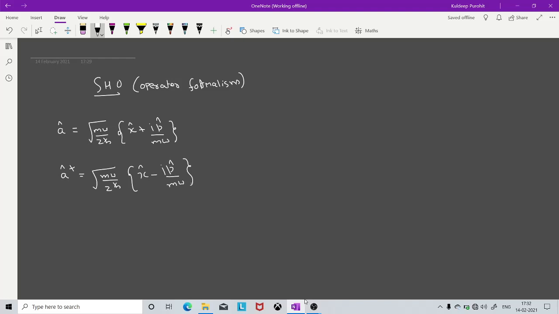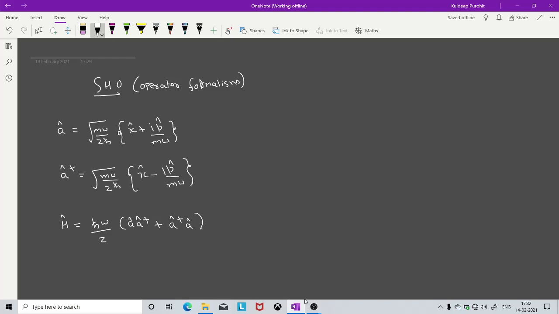So these are the two important equations which we have derived, and the last thing which we have derived was that we can write our Hamiltonian in terms of a and a dagger as h cut omega by 2 times (a a dagger plus a dagger a).